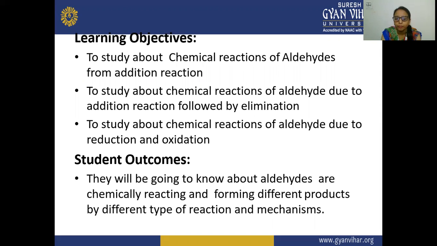And by these different types of reactions and mechanisms, that follow the addition reaction, or the elimination reaction, or reduction, or oxidation, and also the mechanism of these chemical reactions of aldehydes and ketones. So these are the learning objectives and the student outcomes of this unit, today's lecture on carbonyl compounds.